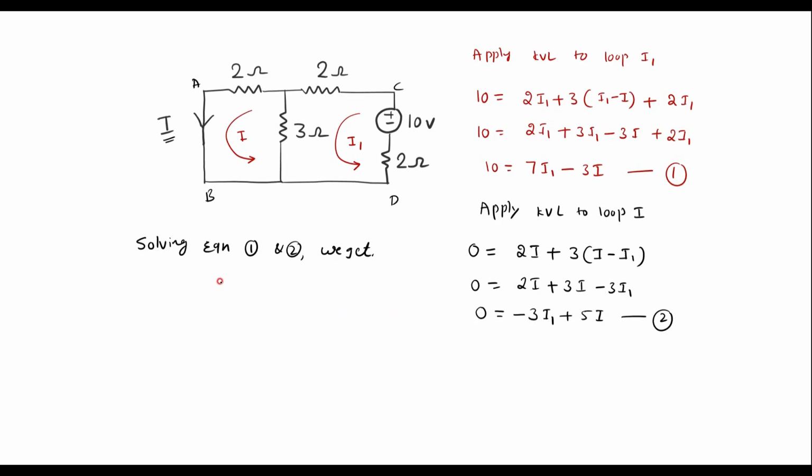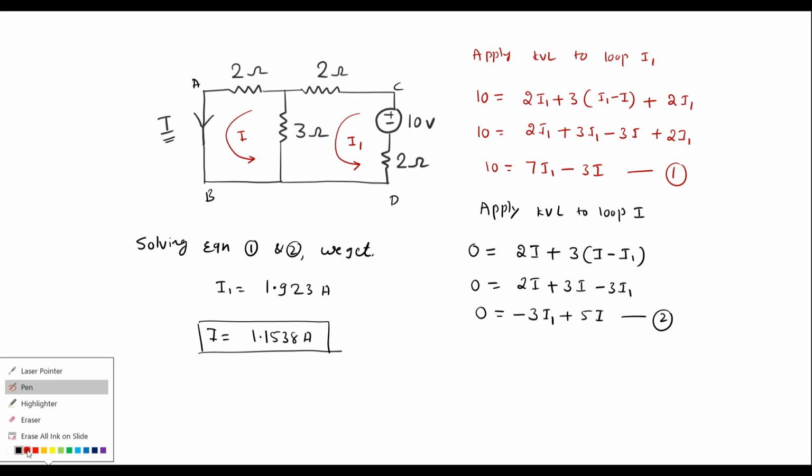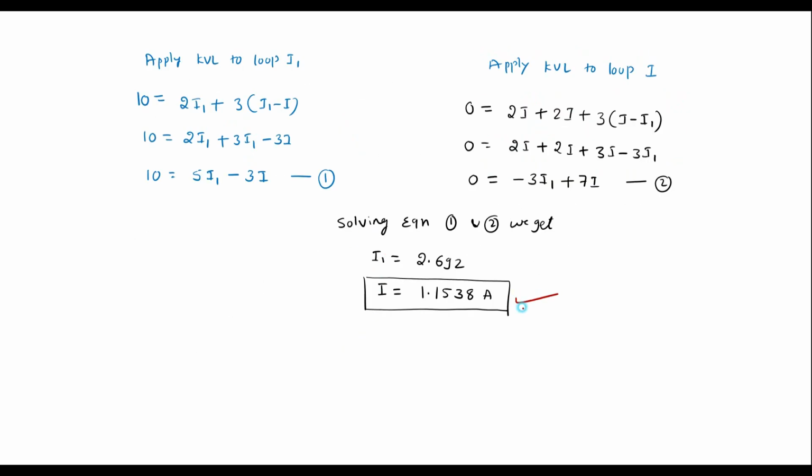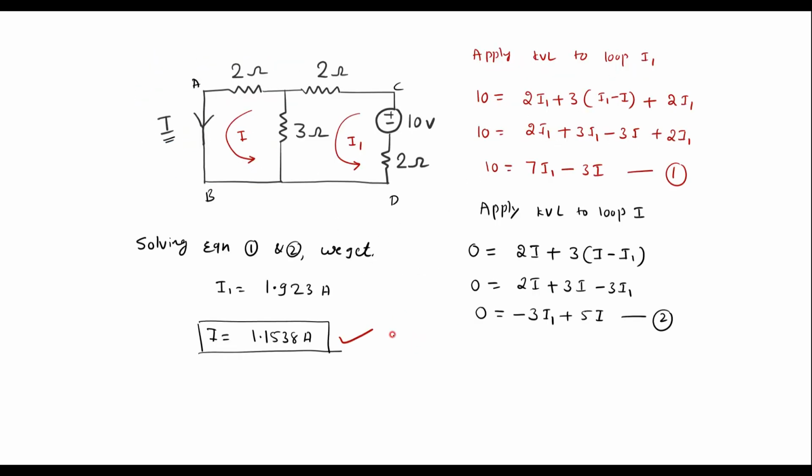Solving this, we get I1 equal to 1.923 amps and I equal to 1.1538 amps. So here we can observe that the current through this circuit is 1.1538, and the current through the other circuit is also the same. Therefore, it verifies reciprocity theorem.